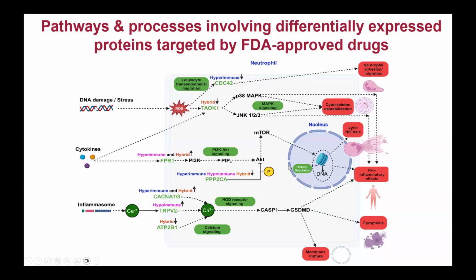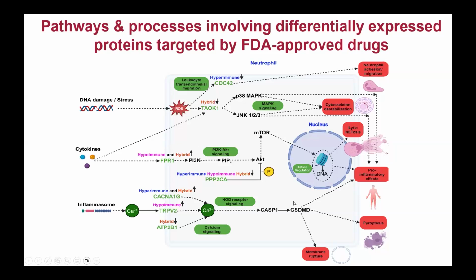But what I want you to focus on is the fact that if you look at the different pathways, you see that some pathways exist only in one type of phenotype, some exist in two types of phenotypes, and some exist in all three phenotypes.